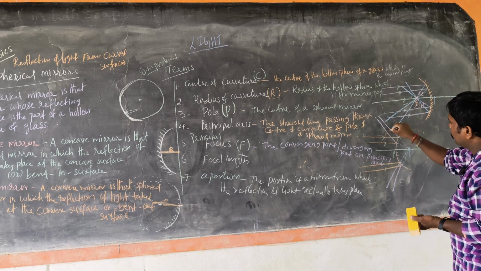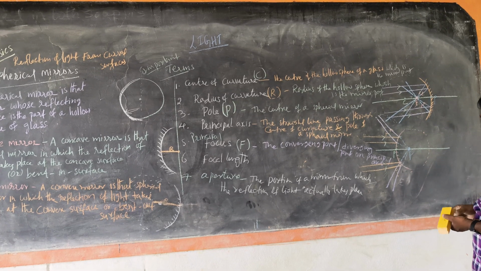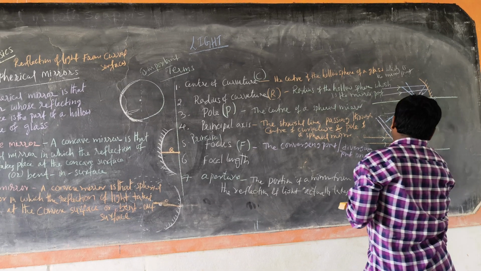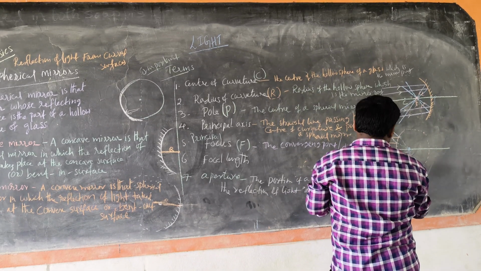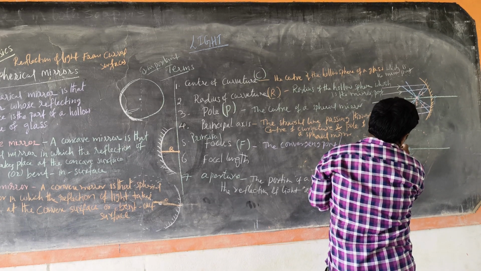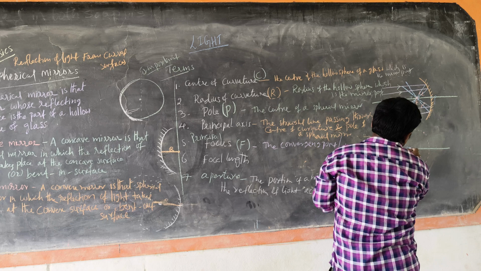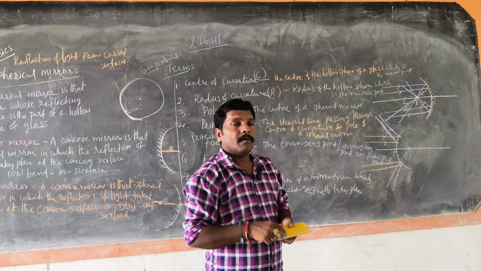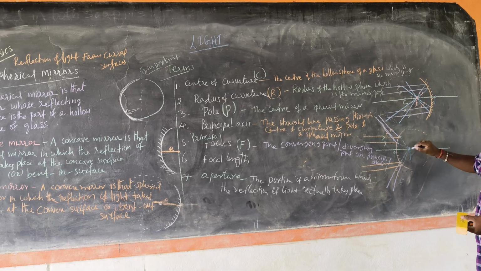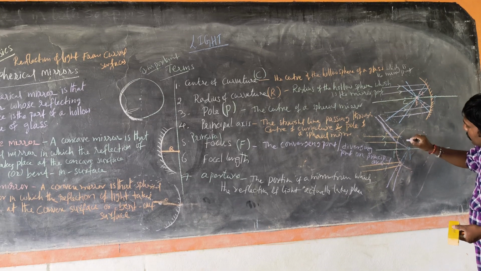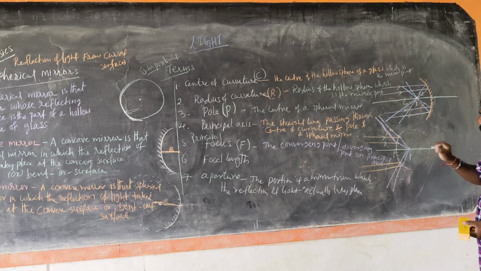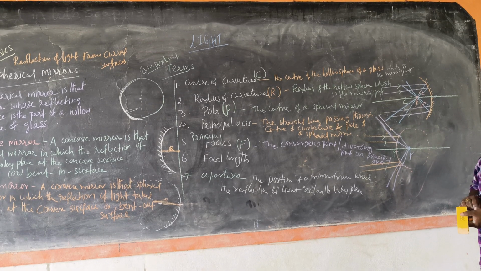So all the reflected rays appear to be diverging from a point. That point from which the reflected rays appear to diverge is called the focus.